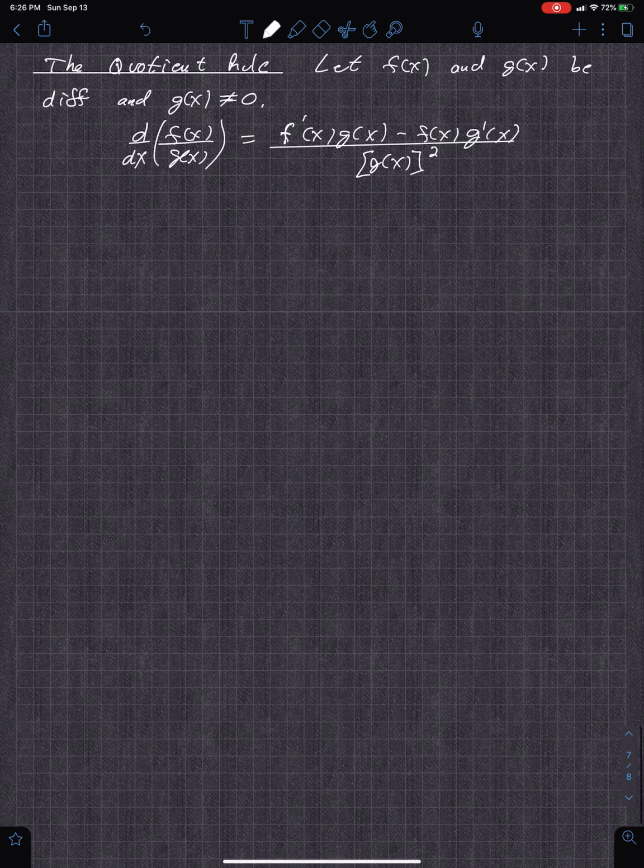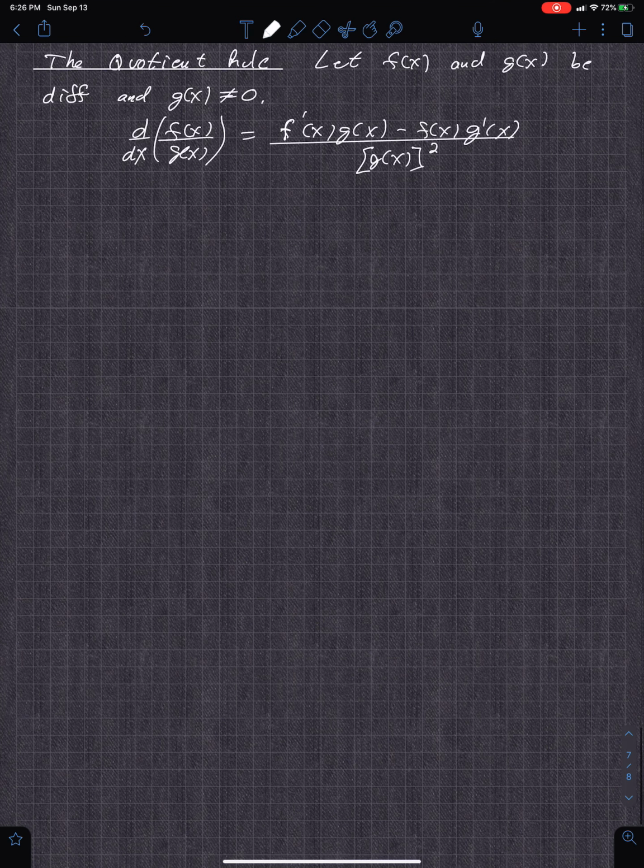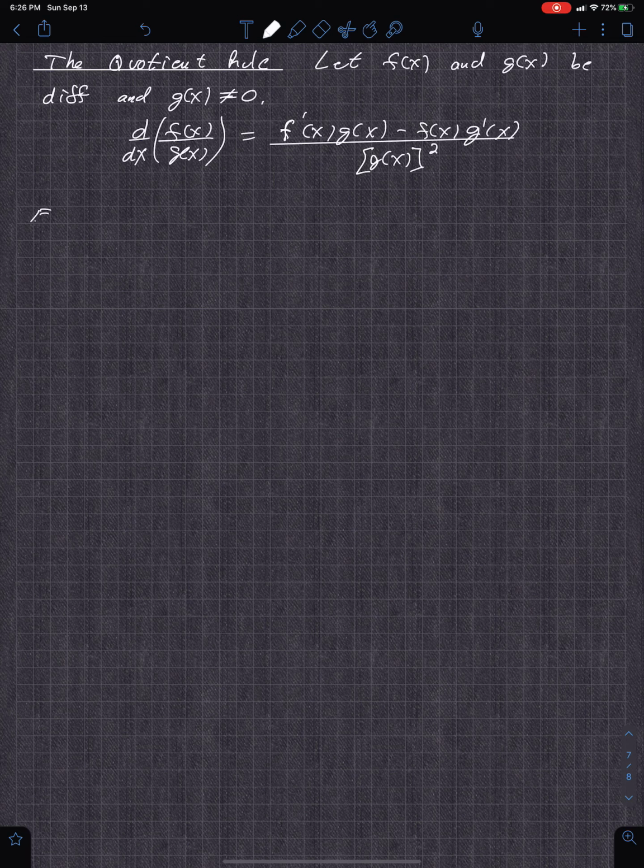Okay, so let's look at an example of the one above. This is number 20, page 121. Suppose f(t) is equal to (t squared minus 1) over (t squared plus t minus 2). Can't really simplify that one. You can't really divide and get something nicer. So this is just a quotient rule situation.